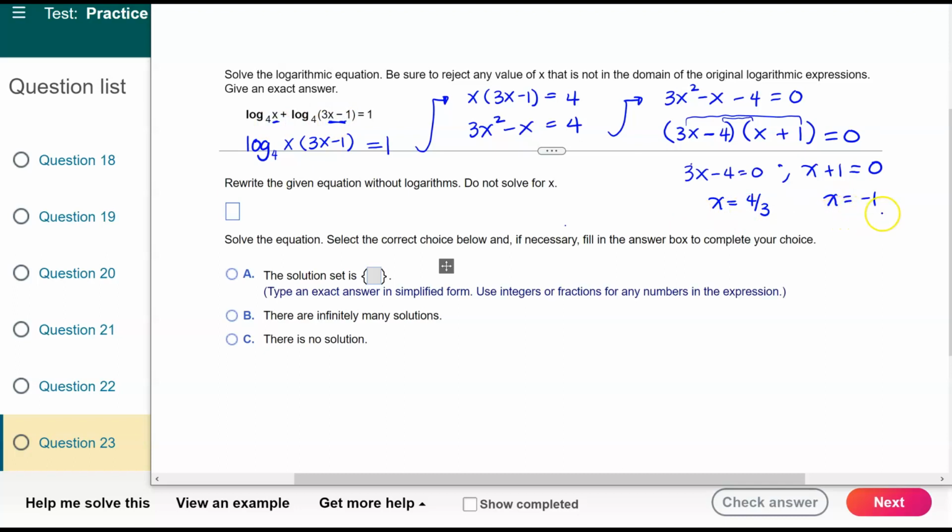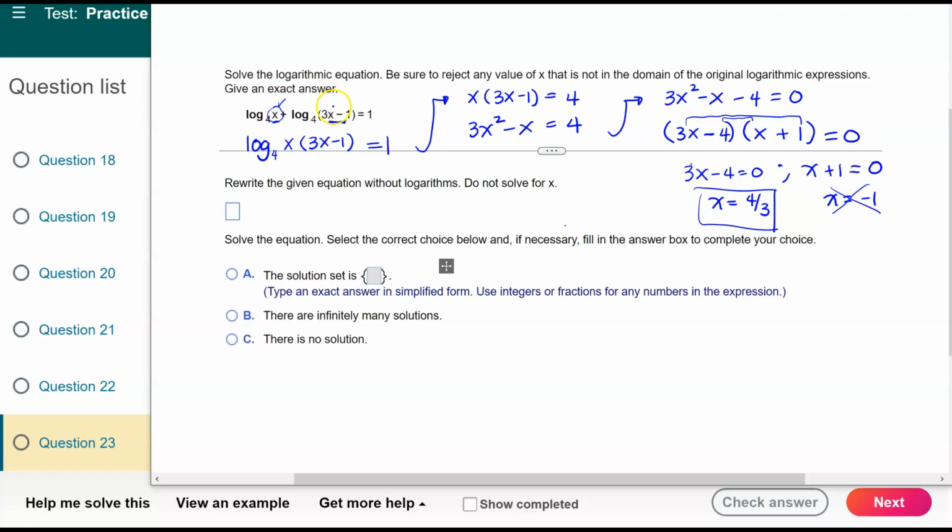Now, look at x equals negative 1. This is just x here. So this becomes negative if x is negative 1. So that means this is not part of the solution. So only 4/3 is part of the solution because that's positive here.